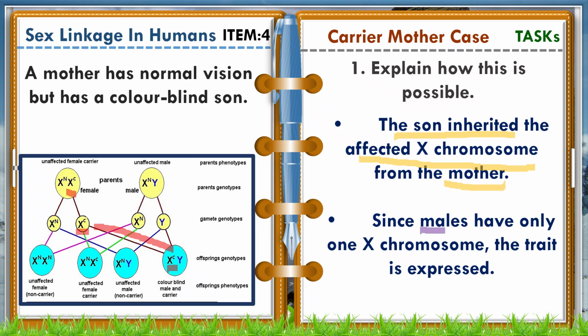And since males have only one X chromosome, the trait will be expressed. When you look at the chromosomes of the male, they have XY. Because they have only one X, and this X is already affected, the trait is going to express itself, and the boy will be color blind.